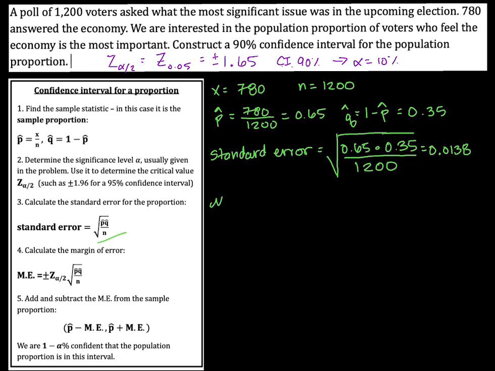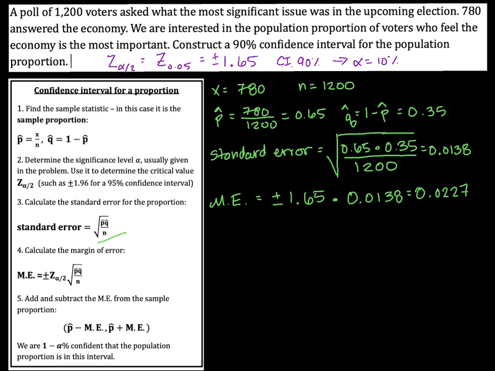All right, so to calculate our margin of error, we take our z-score and multiply it times that standard error, so 0.0138, and we get 0.0227.